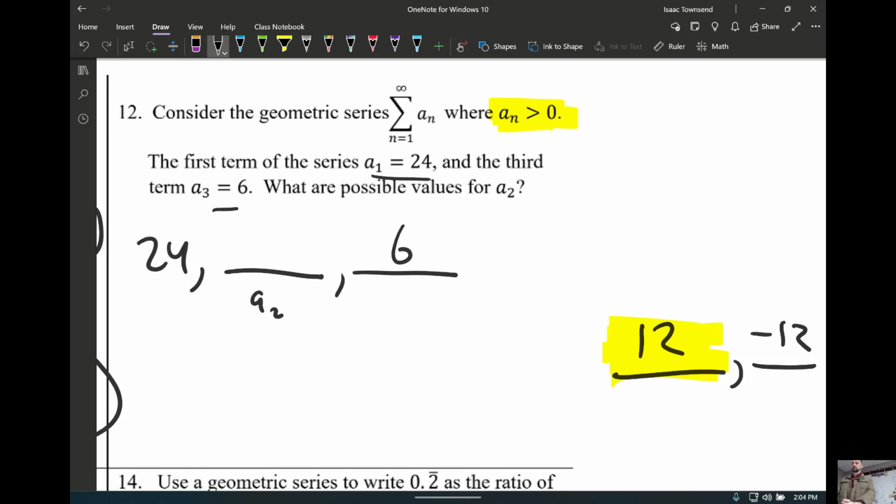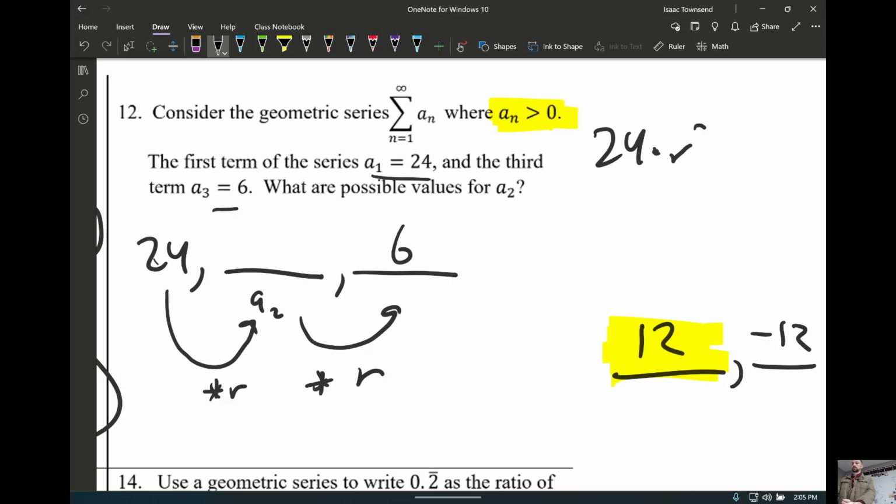I know most of you probably just guessed and checked what could I multiply by 24 to get this, so that if I multiply it again I get 6. But why don't you just write that as an equation? From here to here I'm multiplying by r, and from here to here I'm multiplying by r. So if I start off with 24 and I multiply it by r squared, what should that be equal to?